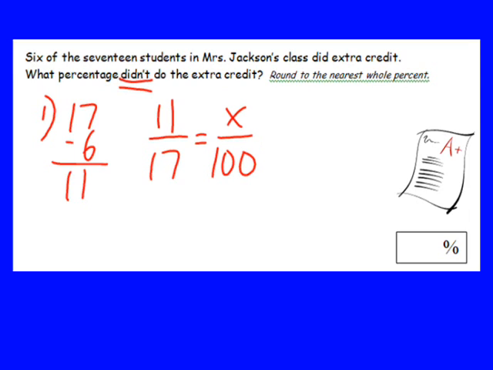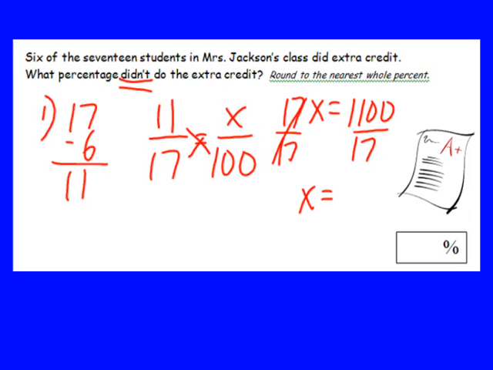So I set up my proportion, I cross multiply, 17 times x equals 1100. I'm going to isolate the variable by dividing by 17 on each side, and 1100 divided by 17 would be 64.7. So to the nearest whole percent, that would be 65%.